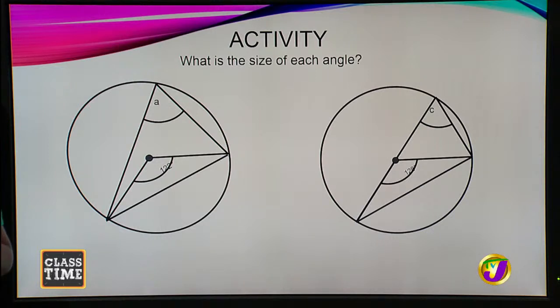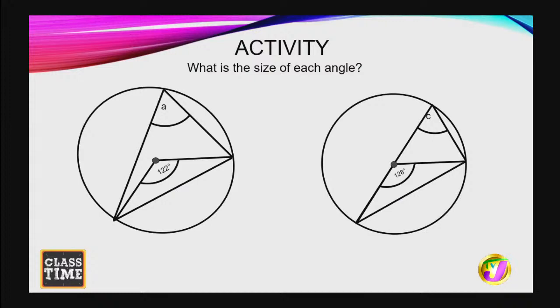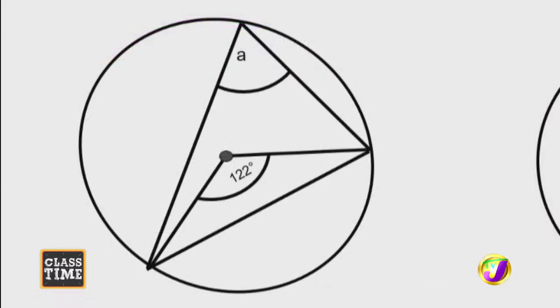All right. You ready, Mr. Brown? Okay, I am thinking that the angle at the center for the first problem is 122 degrees. And as we established before, the angle at the circumference is half the angle at the center when it's subtended from the same chord.